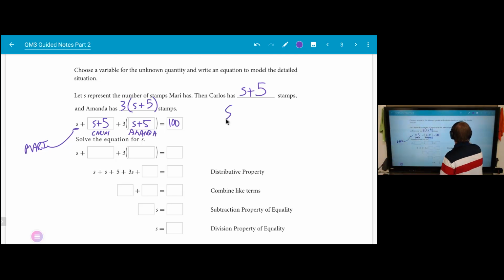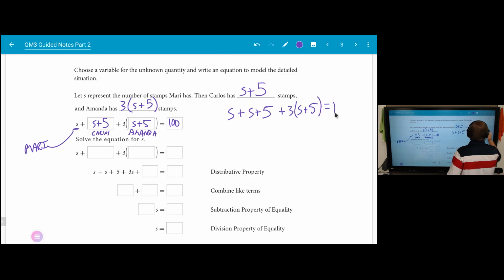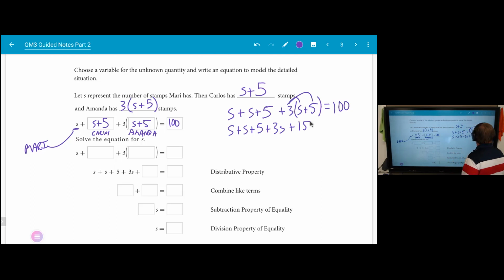S plus (S plus 5) plus 3 times (S plus 5) equals 100. So the first thing I'm going to do is the distribution. I've got S plus S plus 5 plus 3S plus 3 times 5 equals 100. We need to collect our like terms. I've got 5 S's, and 5 plus 15 is 20.